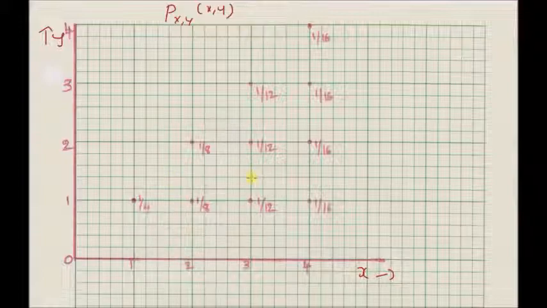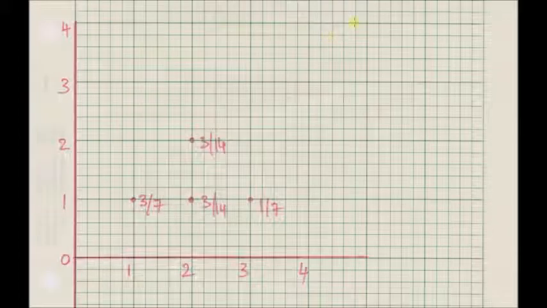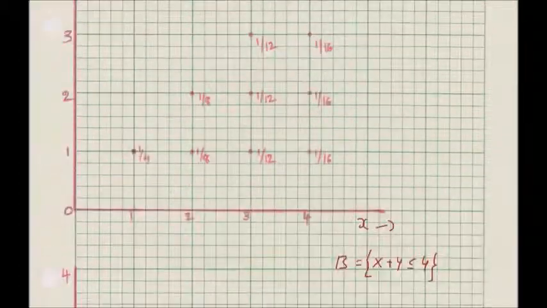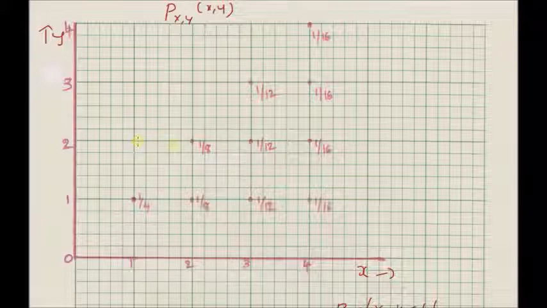Now let us define an event B, which is x plus y less than or equal to 4. That is, event B consists of values such that the sum x plus y is always less than or equal to 4. That means only the values covered by this boundary. So this should be the region.